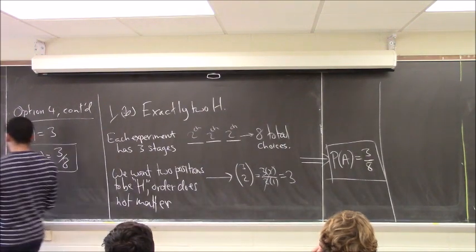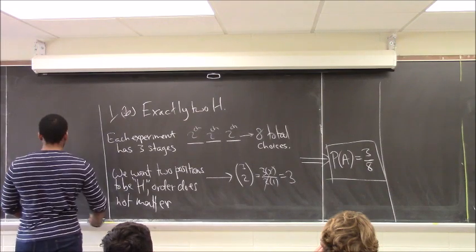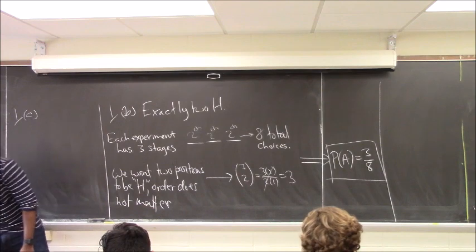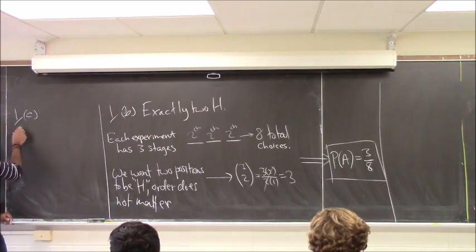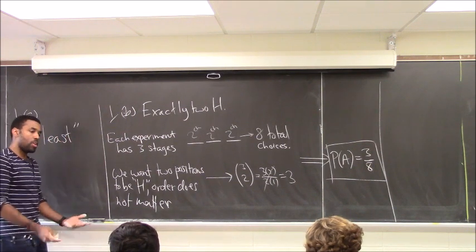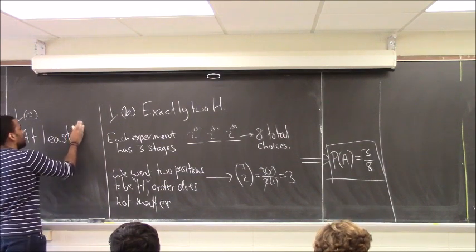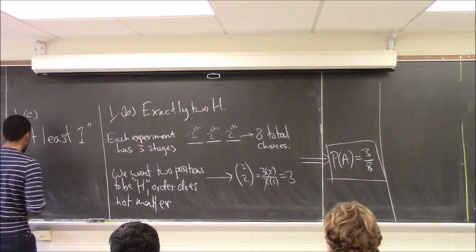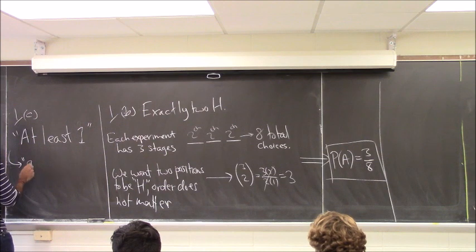Let's look at 1C. At least 1 hit. So this one is important. You should recognize that the phrase "at least" shows up very often in probability and statistics. If it says at least 1, it doesn't have to say 1, it could have some other number here, but what this means is greater than or equal to 1.